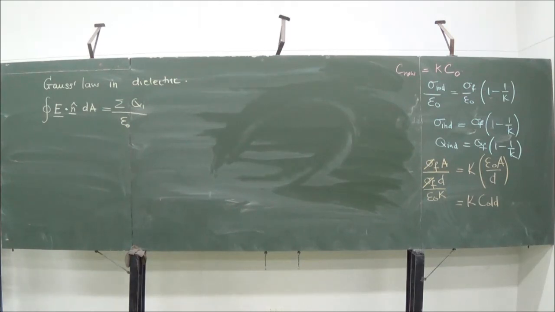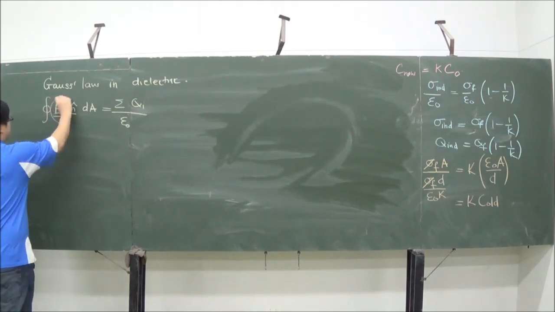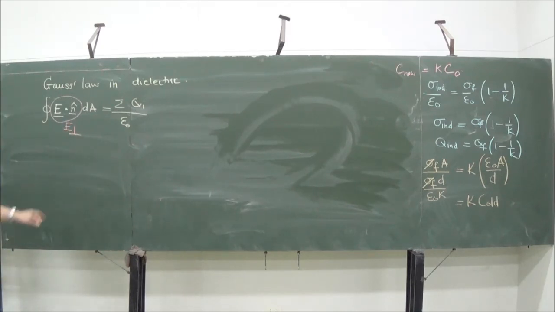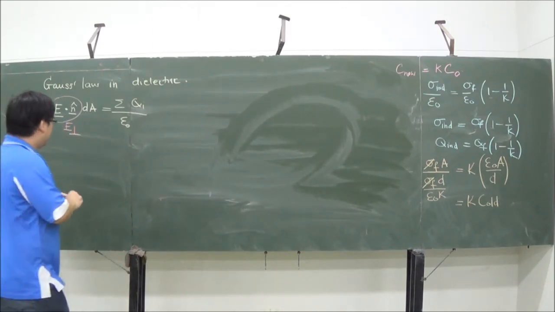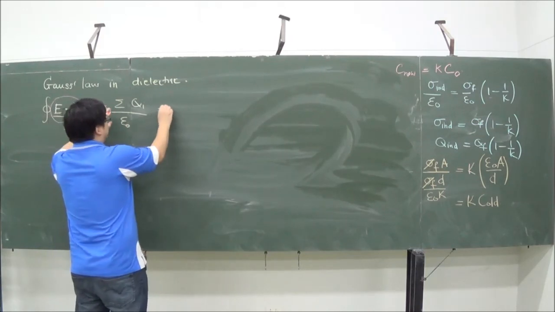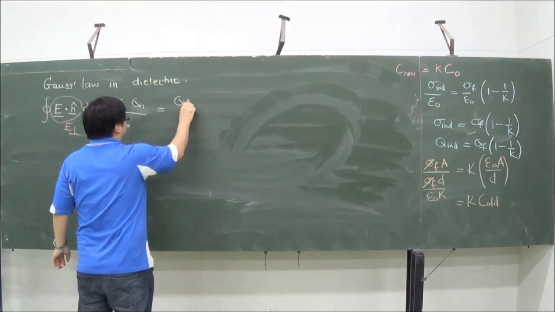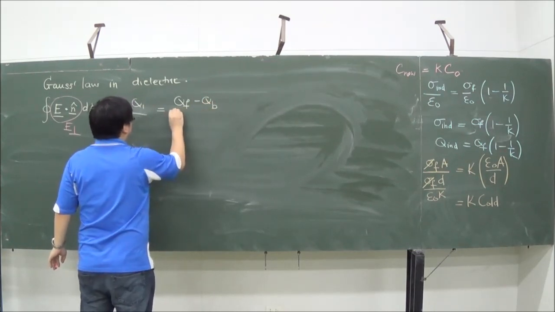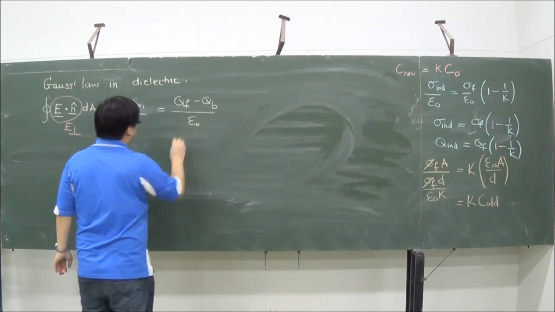Here E dot n is the perpendicular electric field to the surface dA. On the right hand side, we get Q free minus Q bound divided by epsilon naught.